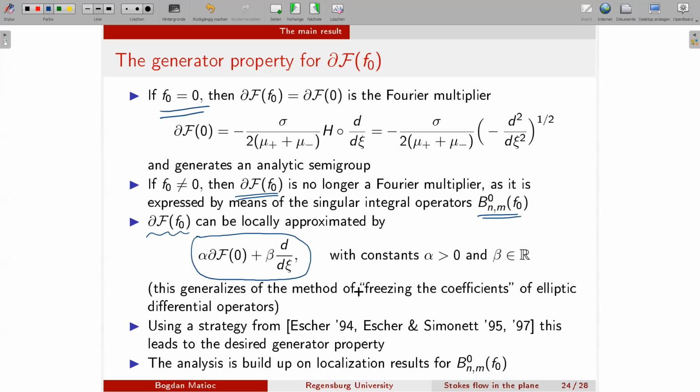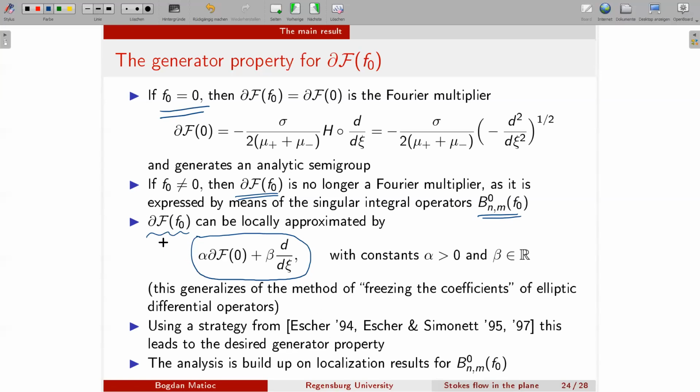And then one may use a strategy which I learned from papers of Escher and Escher-Simonett. Joachim Escher was my PhD advisor. We use it to carry over the generator property from these Fourier multipliers. All these Fourier multipliers are generators of analytic semigroups, and then using their strategy, one can show that also the full operator is a generator.